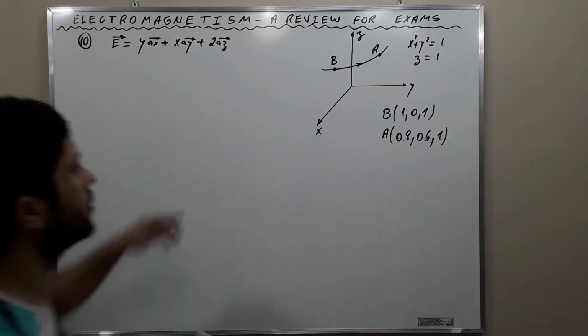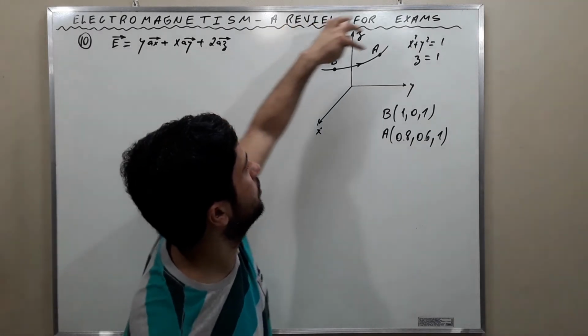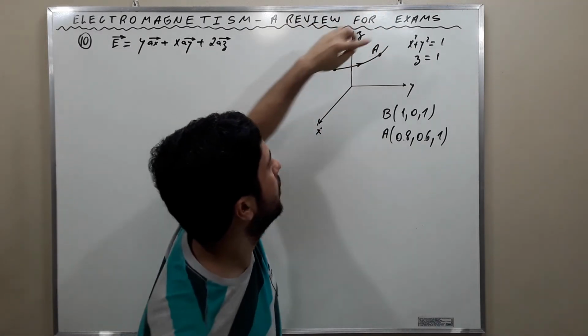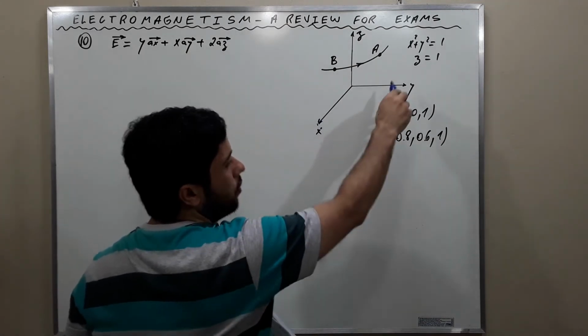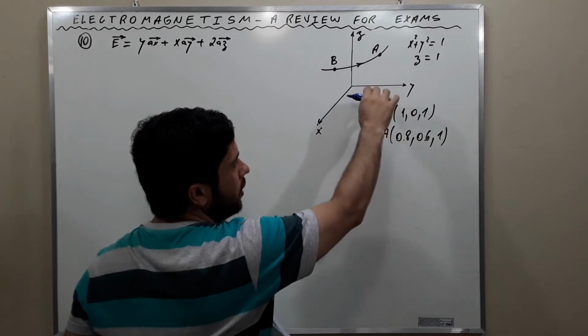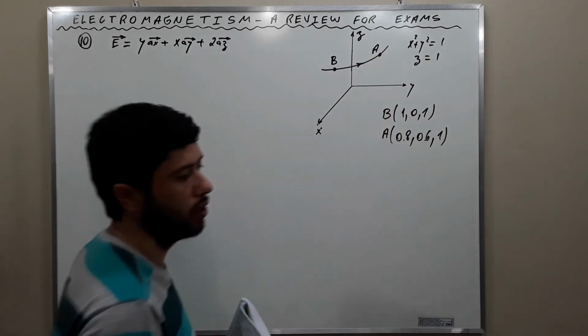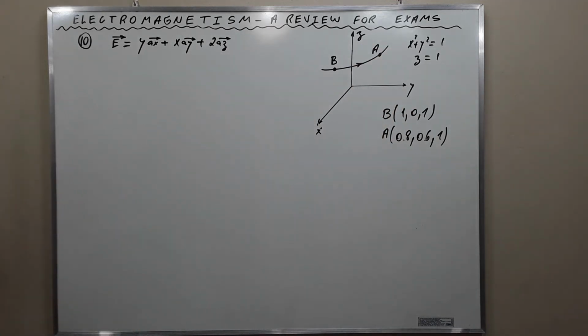The circle is this, but it is not going to be on the xy plane. It is going to be raised by 1 along the z direction.